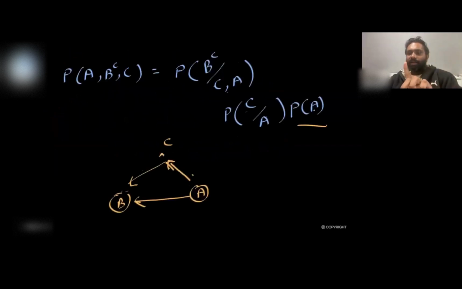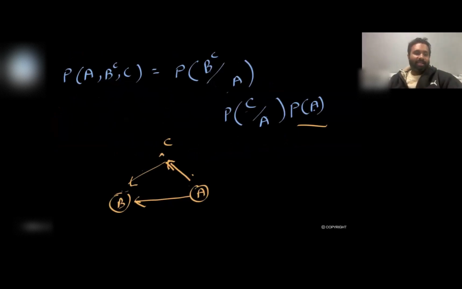So can you simplify this equation? Given A, B and C are independent, so you can just remove this part. Hopefully, from probability theory, you should know this.